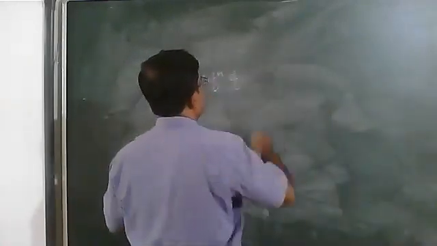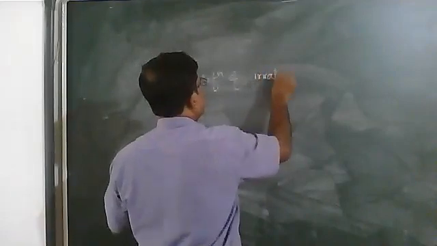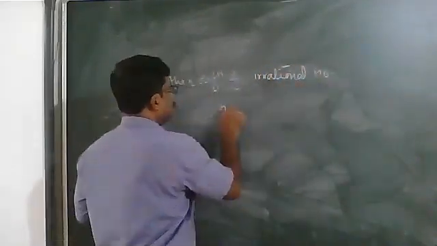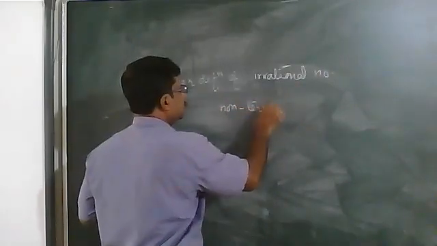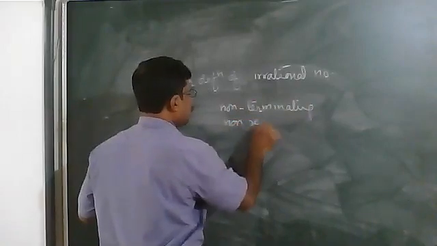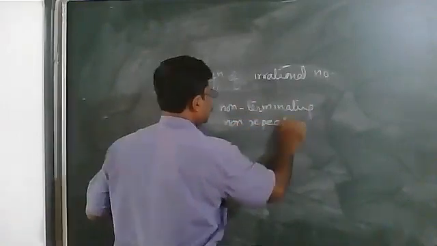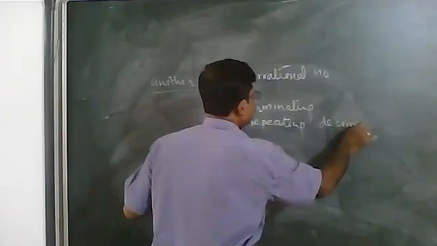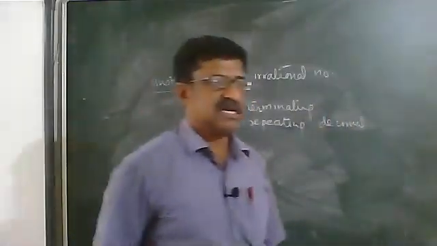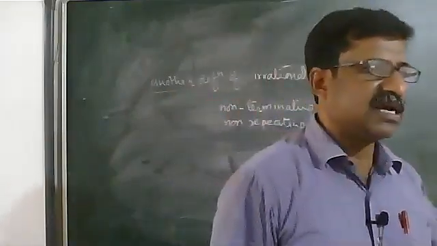Now we'll see another definition of irrational number: non-terminating, non-repeating decimal. The number which is not terminated, which is not repeated, such type of numbers are known as irrational numbers.